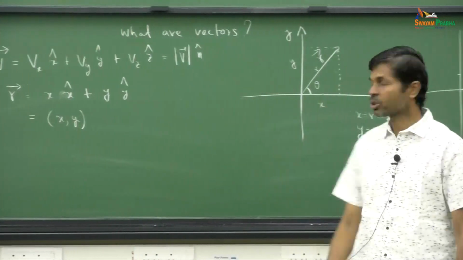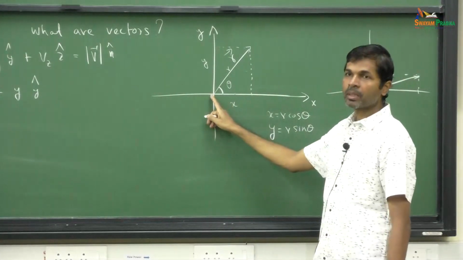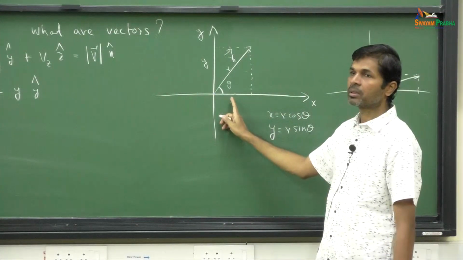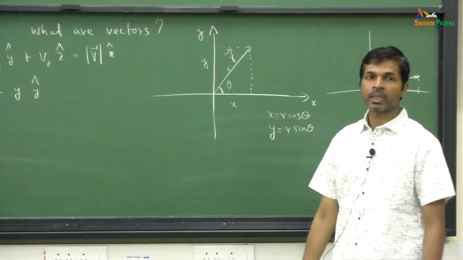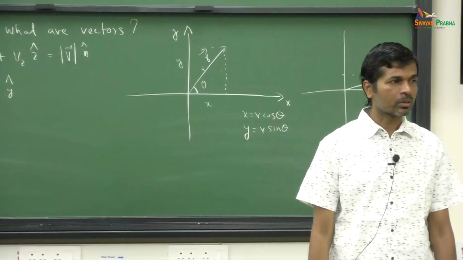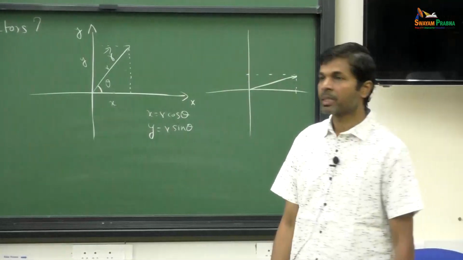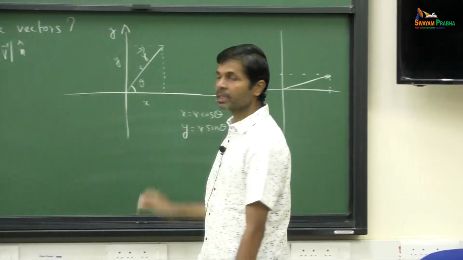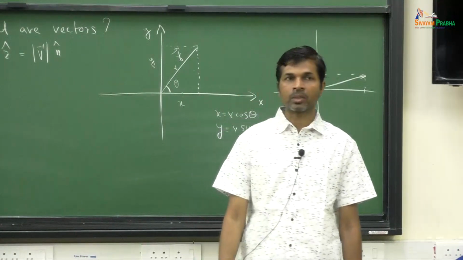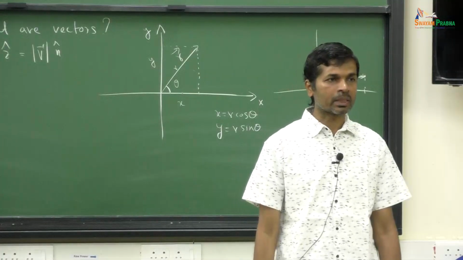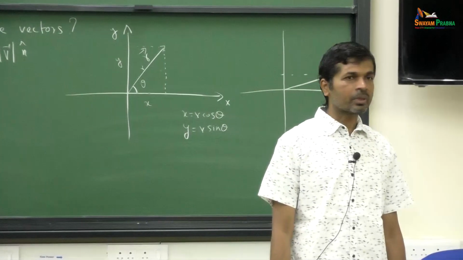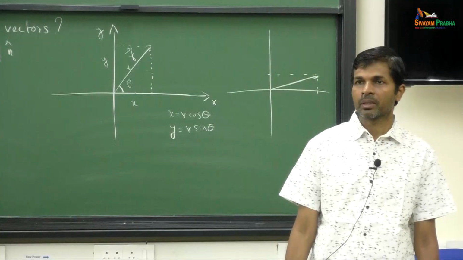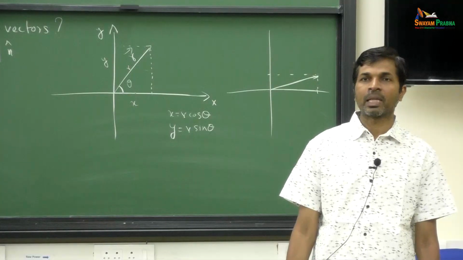But these components are dependent on what is the coordinate system that you use. Okay? It depends on what you call as your x-axis and what you call as your y-axis. So if you change your axis, okay, then the components will also change.